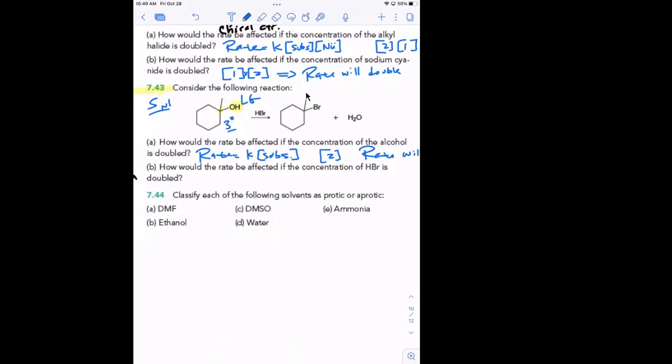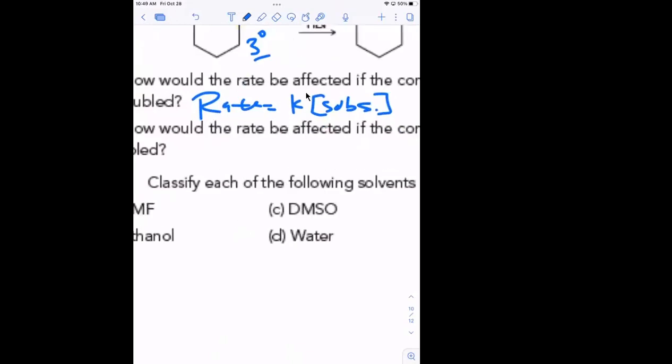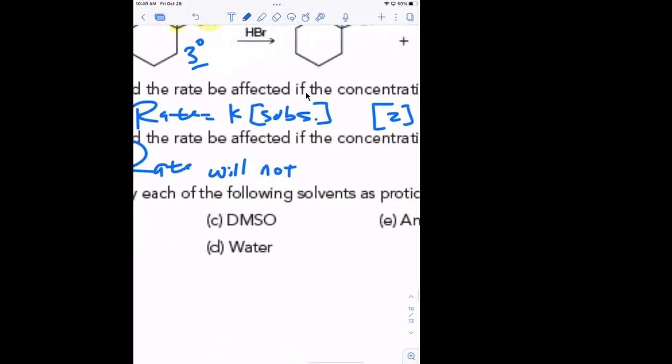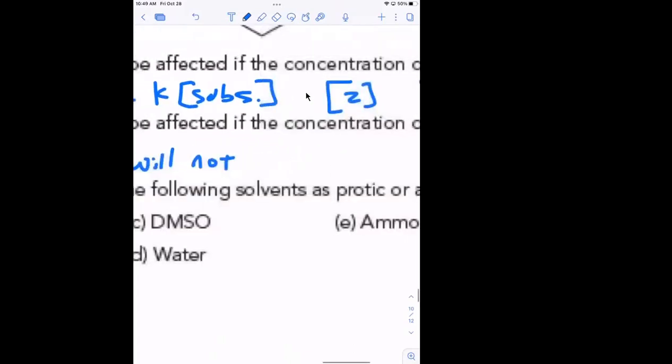The rate will not change, because if you look at the rate law, there's no term for HBr. It can't change the rate. That's what we mean when we say it's unimolecular, and that's what this question is alluding to. Rate won't change. Good.